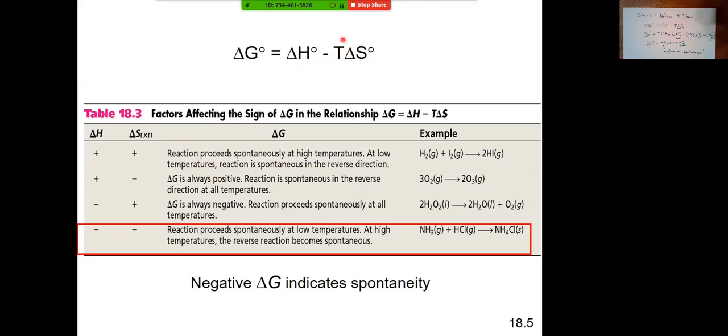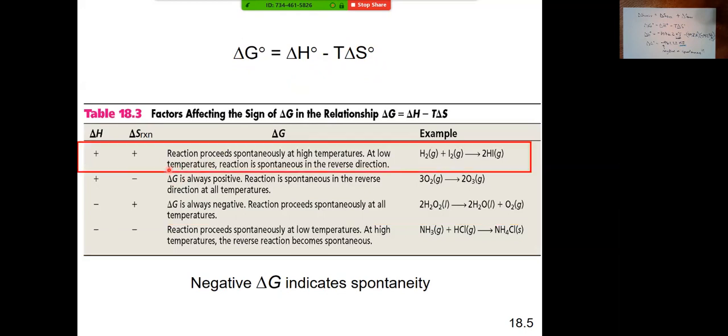If temperature is big, that makes this negative value very big. So that makes the reaction non-spontaneous. That gives you a positive delta G. If temperature is small, then this term becomes small. So your delta H term is dominant.